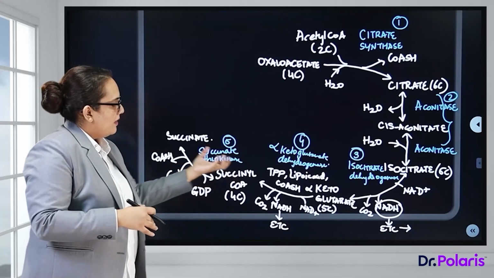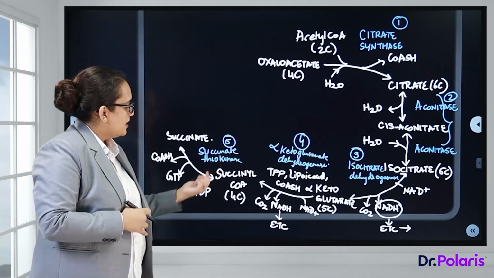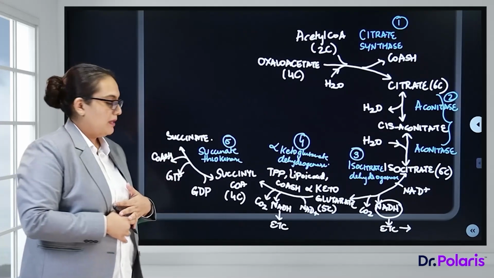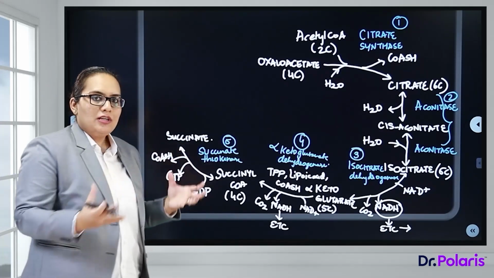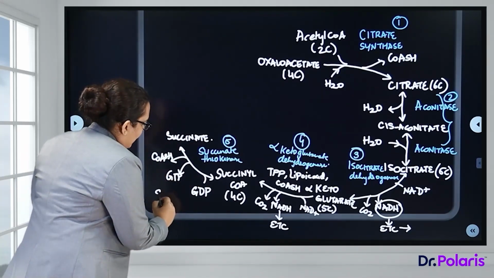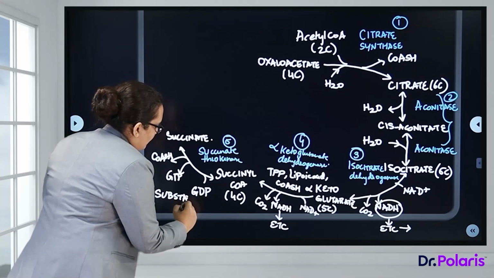Rather, whatever thioester linkage is present here in succinyl-CoA, it is directly transferred to GDP to form energy in the form of GTP. So this direct formation of energy from the substrate is called substrate level phosphorylation.